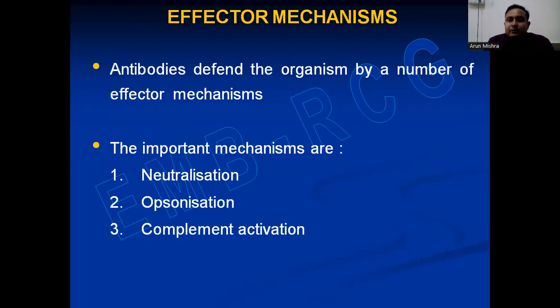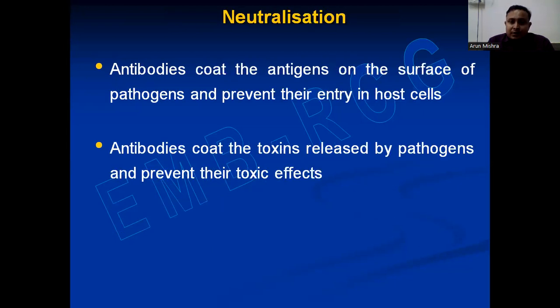The antibodies defend the organism by a number of effector mechanisms known as neutralization, opsonization, and complement activation. What is neutralization? Antibody coats the antigen on the surface of the pathogen and prevents its entry into host cells. Antibodies coat the toxin released by the pathogen and prevent its toxic effects.